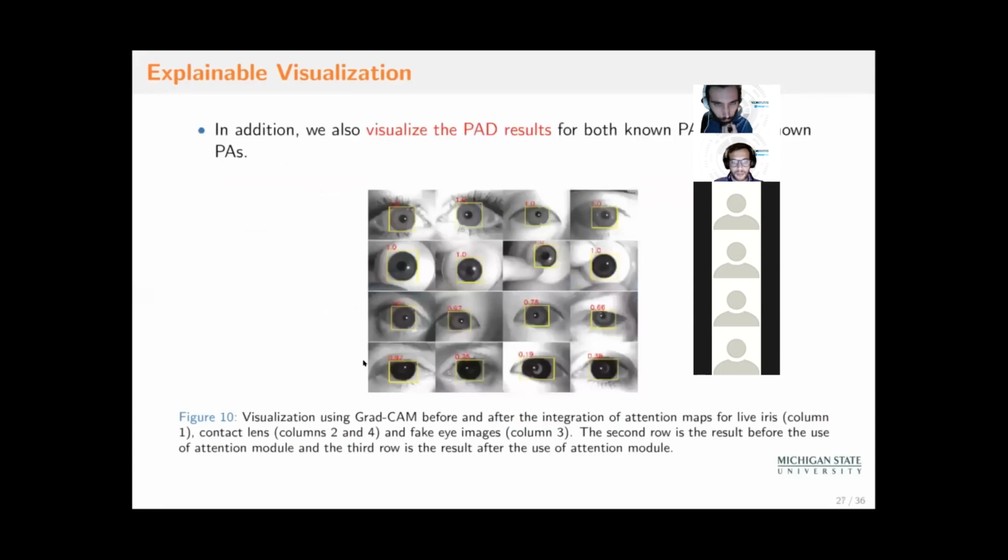We also present our visualization results on the pattern detections. We apply the iris detector first, get the cropped iris, and then input the cropped iris to the presentation attack detectors. Here we show the visualization results on the detections with respect to different PA types.